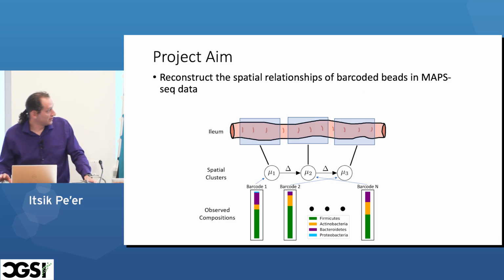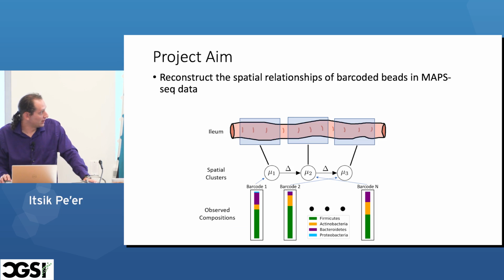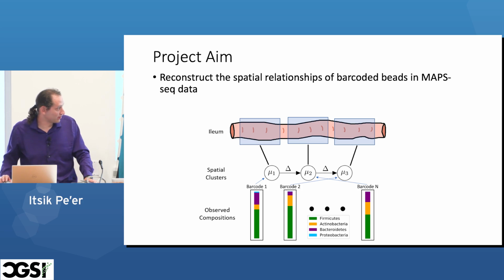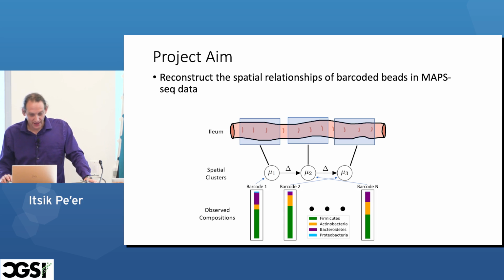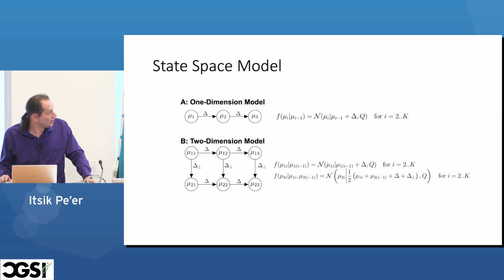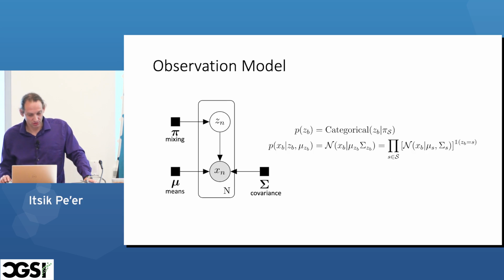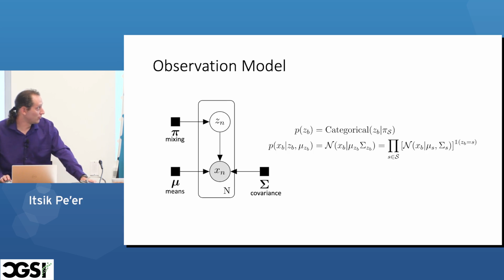We have modeled that as a Gaussian process along the presumed axis along the gut, and explored whether this is the kind of model that's relevant, or whether we should be looking at additional dimensions rather than just the length of the gut, governing the real data, the actual observed data.